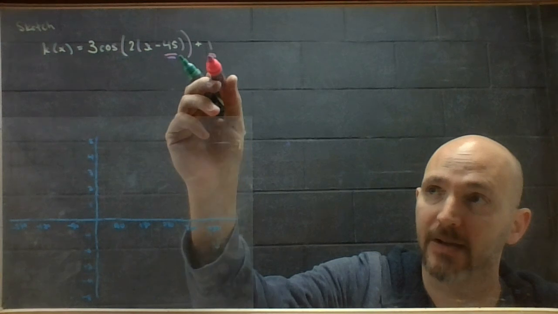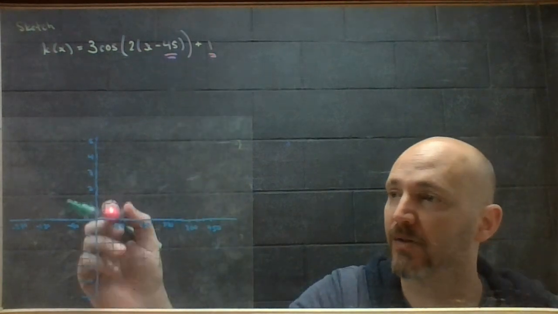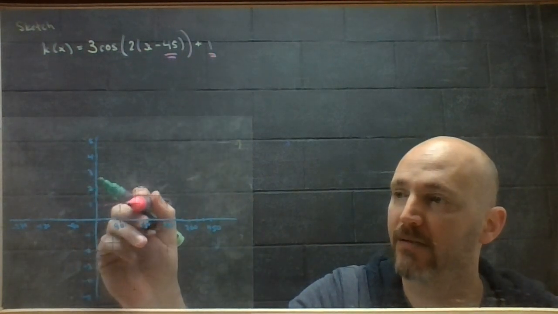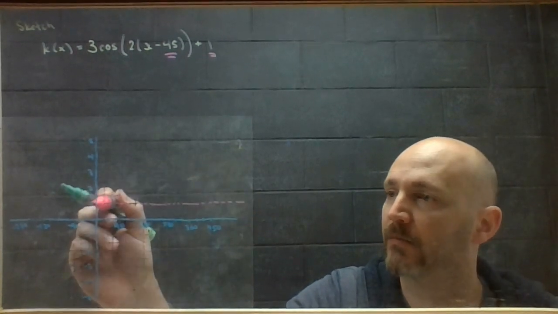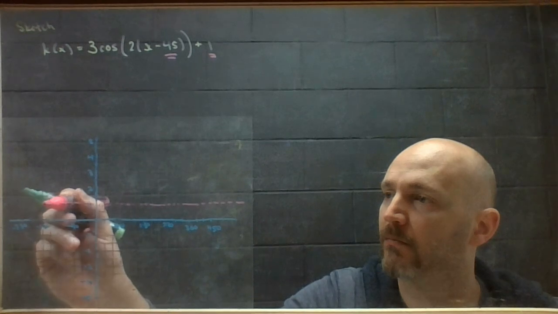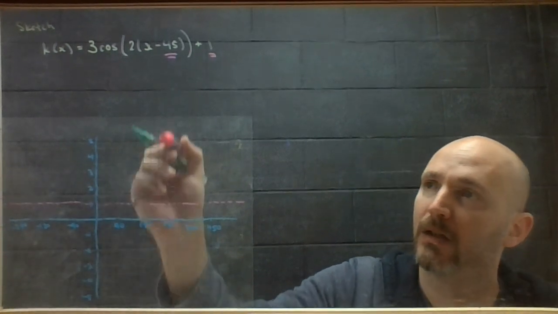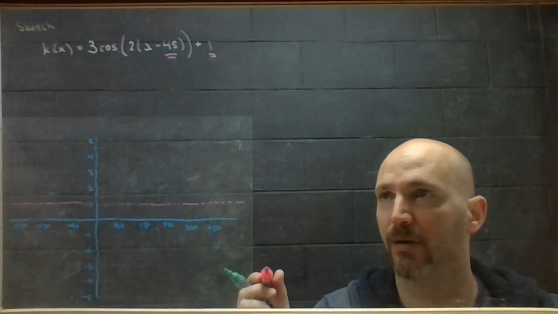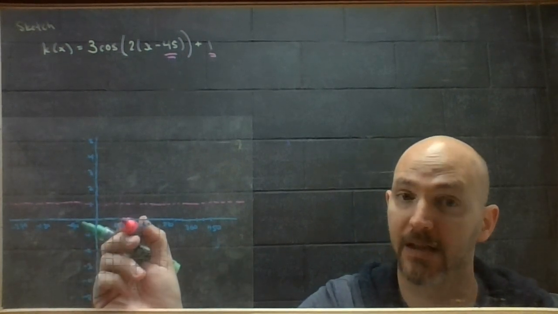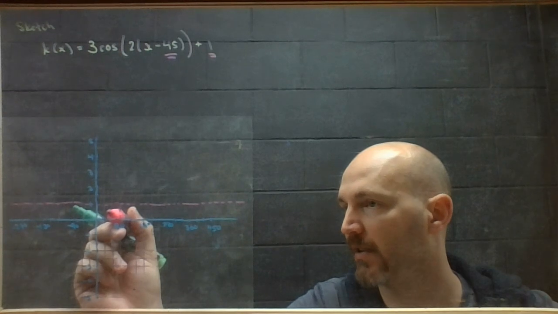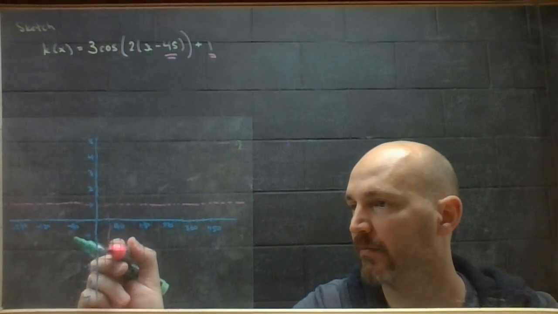So I need to translate my x-axis up 1, find 1. I'm going to draw myself a line. And I need to shift rightward 45 degrees. So if that's 0 and that's 90, 45 is halfway between them.